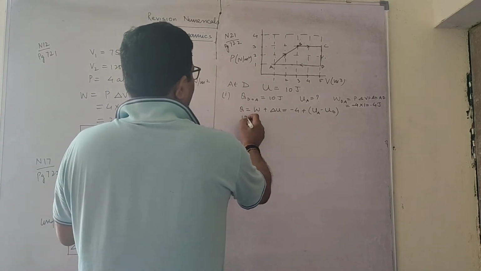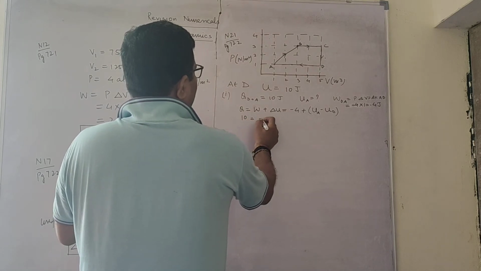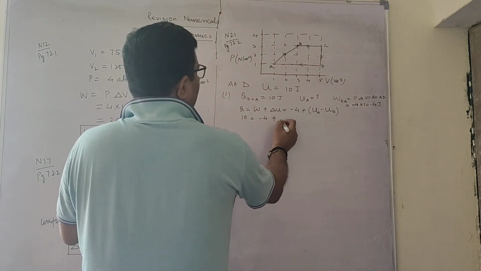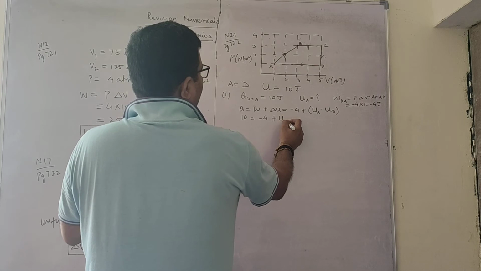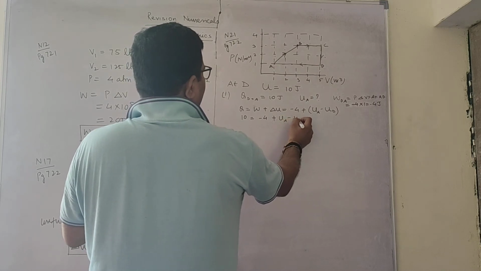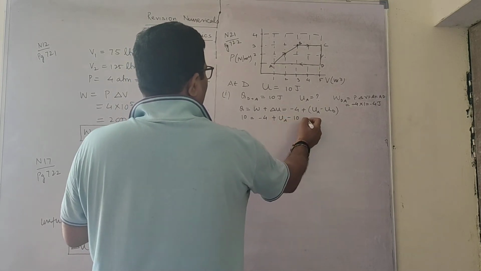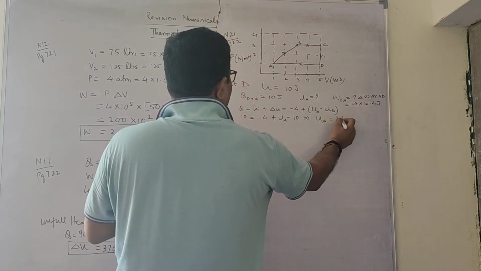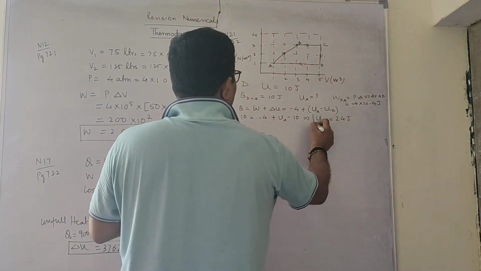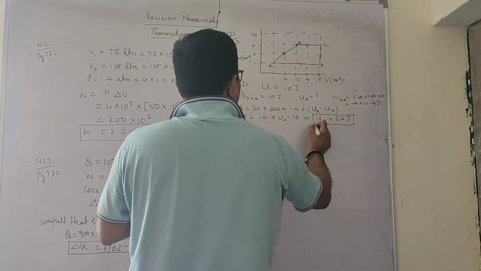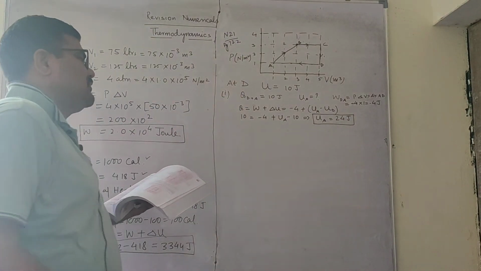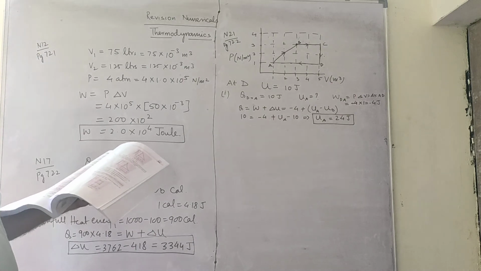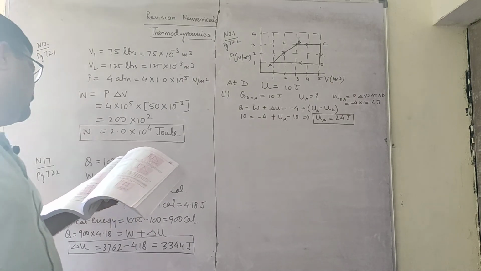Now Q is 10, is equal to minus 4 plus UA you need to find, UD is given. So this implies that internal energy at A is 24 joule. This is the answer for the first part, internal energy at A, that is equal to 24 joule.